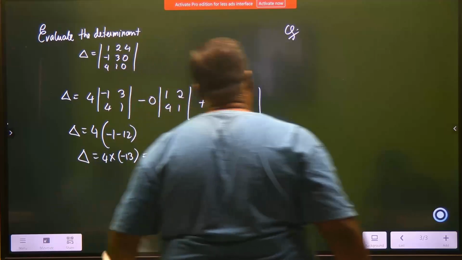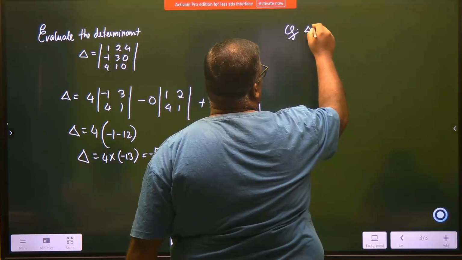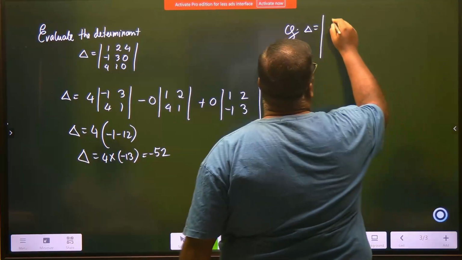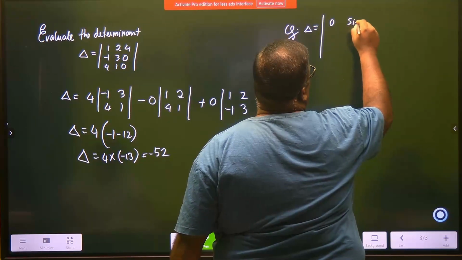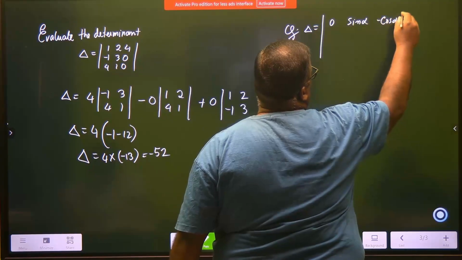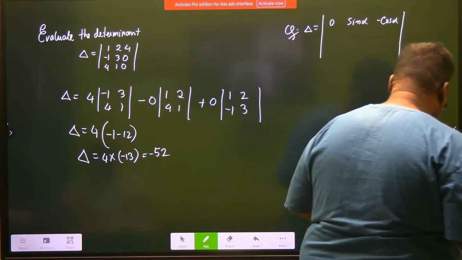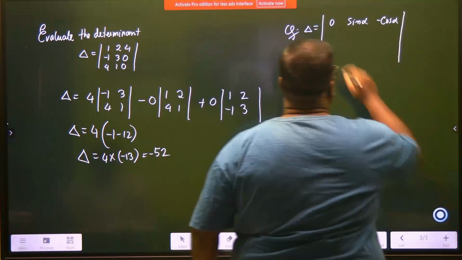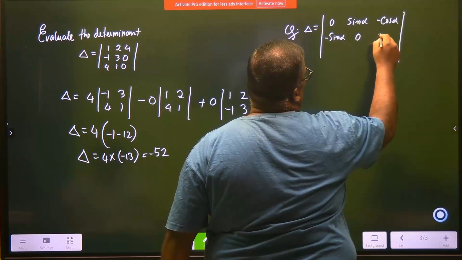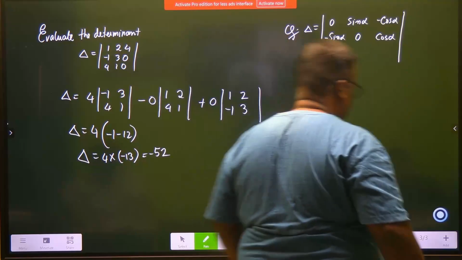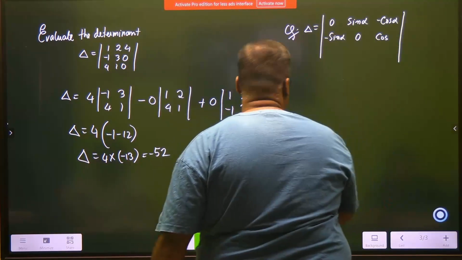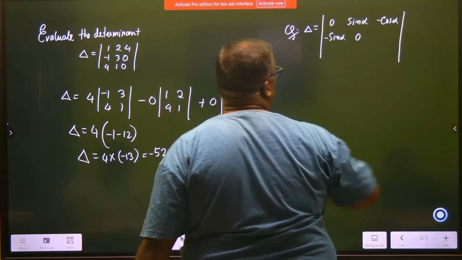Evaluate the determinant delta equals to 0, sin alpha, cos alpha negative; sin alpha, cos alpha negative, negative sin alpha, 0, cos alpha. Sorry, not cos alpha, sin beta.